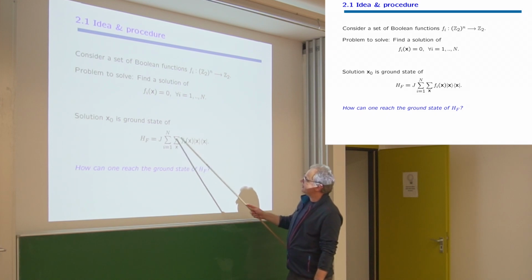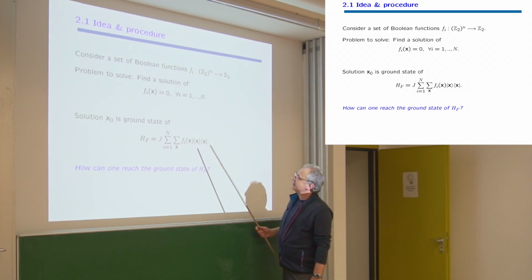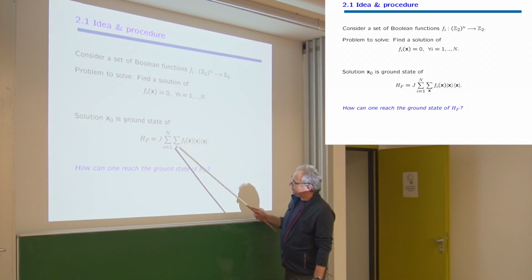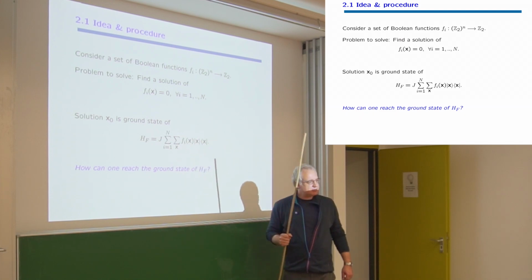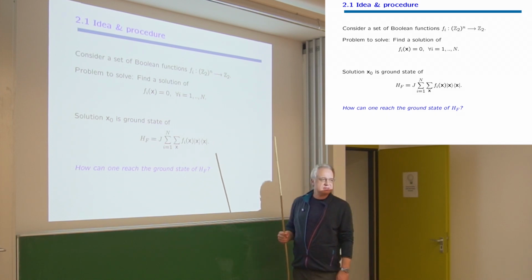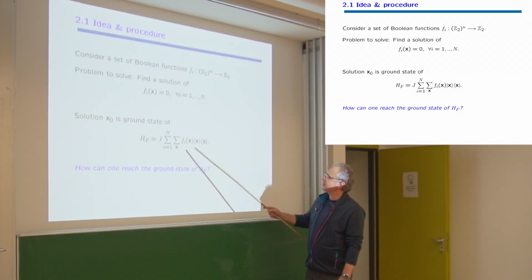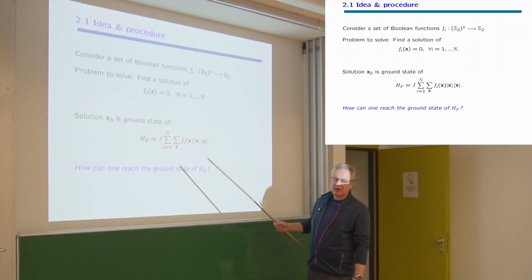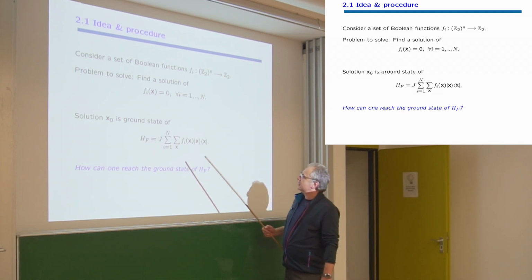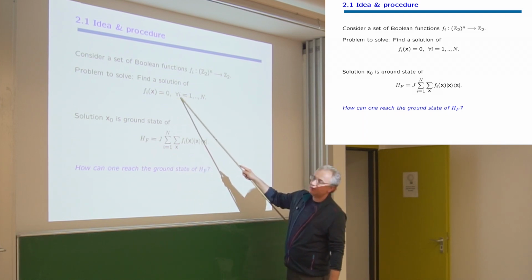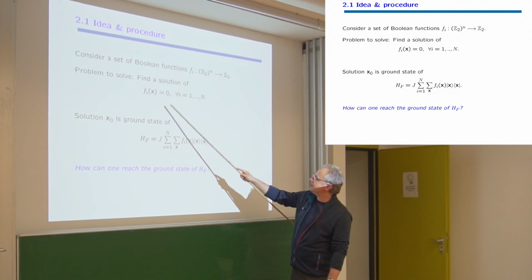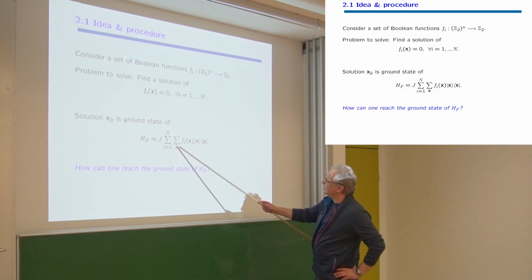But other than that, it's a double sum. One of those sums is over all states in a basis of our Hilbert space. So this is our computational basis states. And the other sum is over these equation labels up here. So we are checking every constraint.